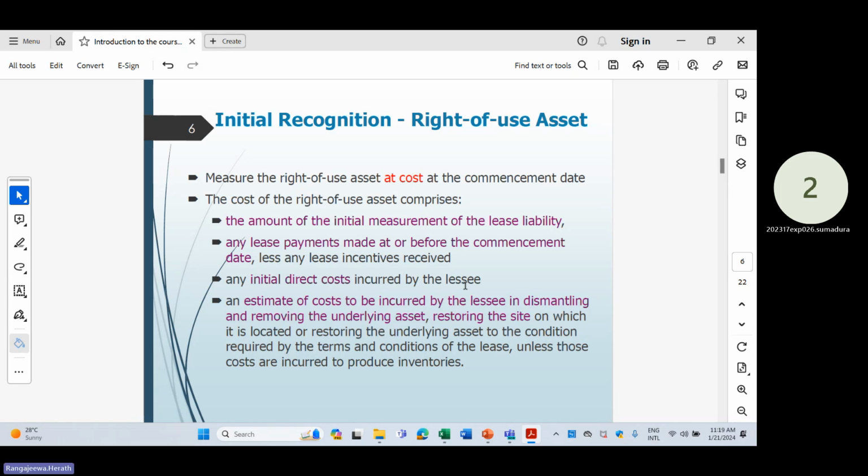Then, rarely applicable, the estimate of cost to be incurred by lessee in dismantling and removing the underlying asset and restoring the site. This is applicable for certain types of plants and machineries. This is the same as PPE, property, plant and equipment. You install a particular machinery which can be used for 5-10 years.